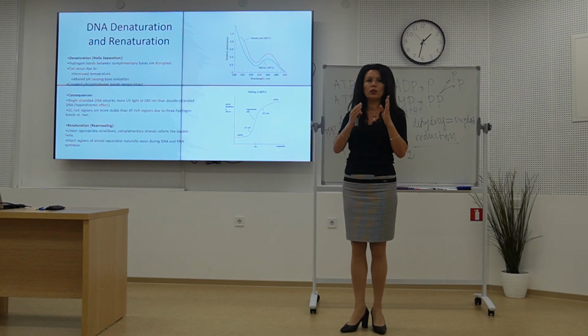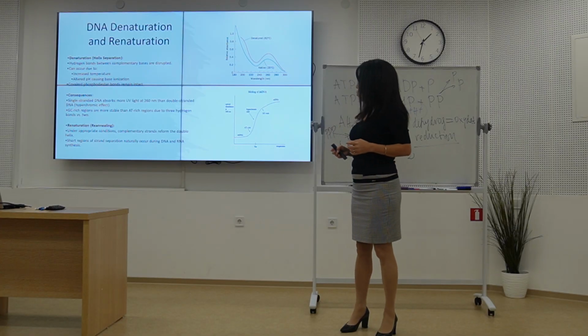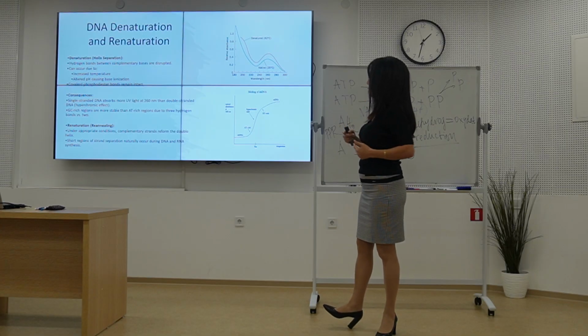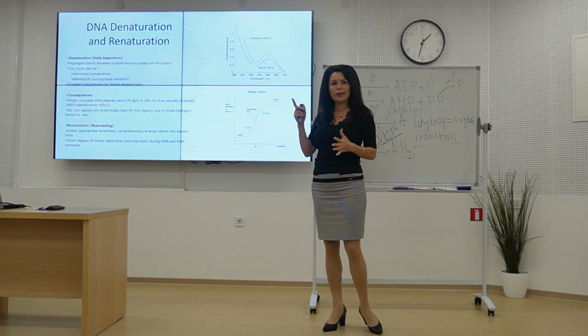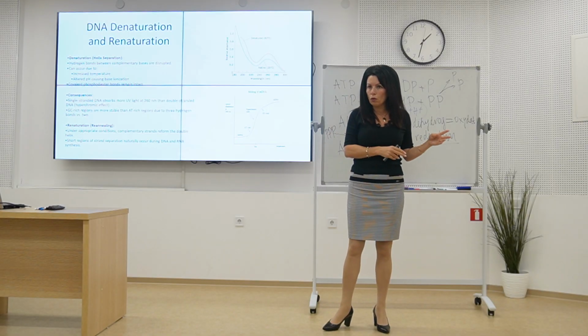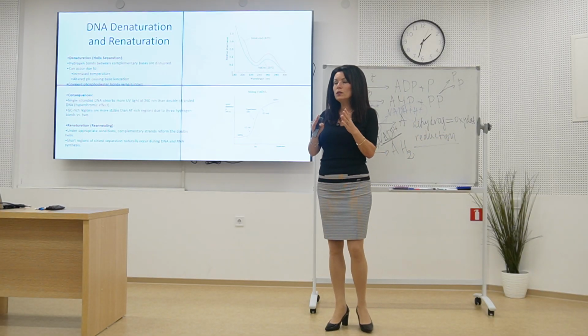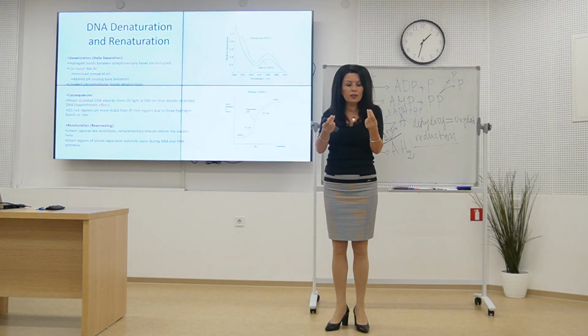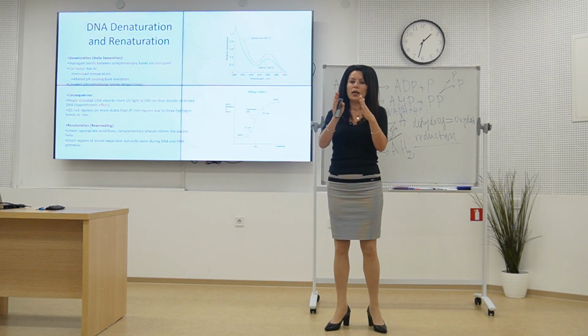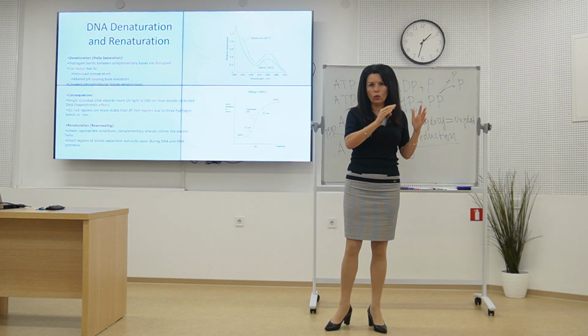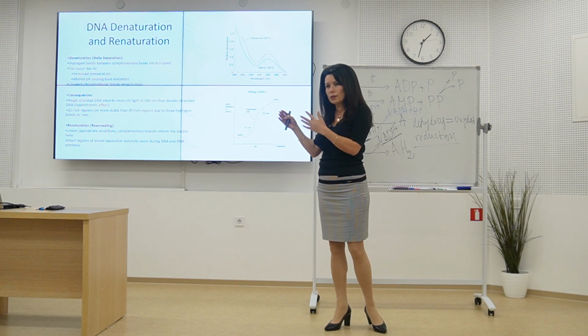Exactly this temperature is called melting temperature. When the melting temperature will be high and when low depends on the quantity of AT pairs or GC pairs.